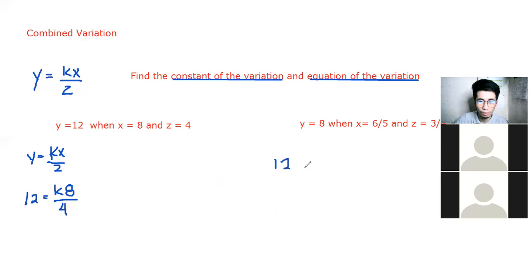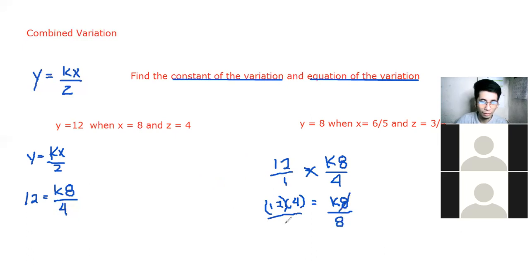So 12 is equals to K8 over 4. Then we put over 1 here so we won't get confused in cross multiplication. We have 12 times 4 is equals to K8. Then divide both sides by 8. Cancel 8, cancel 8.